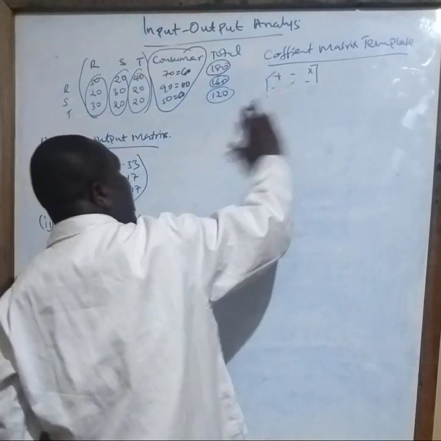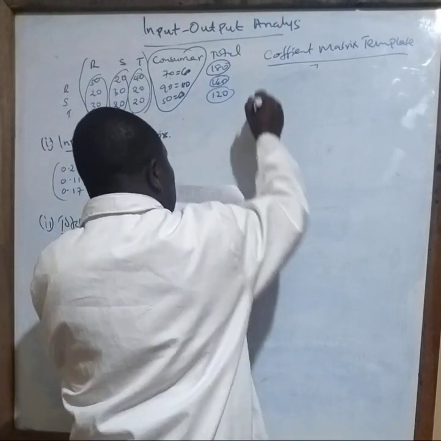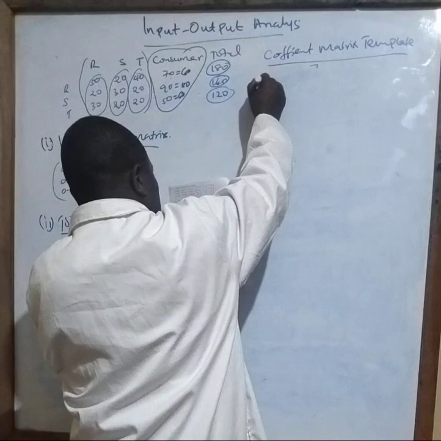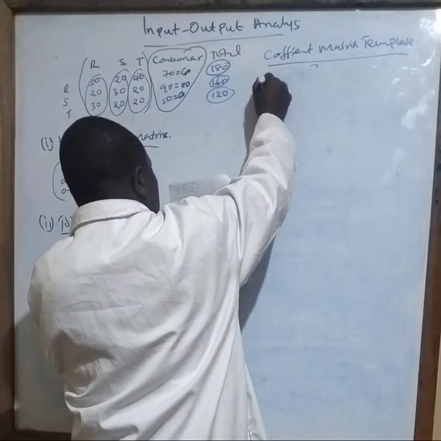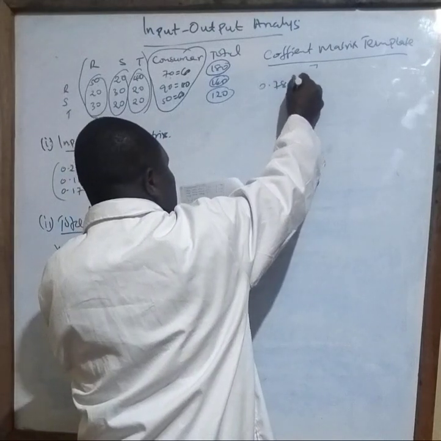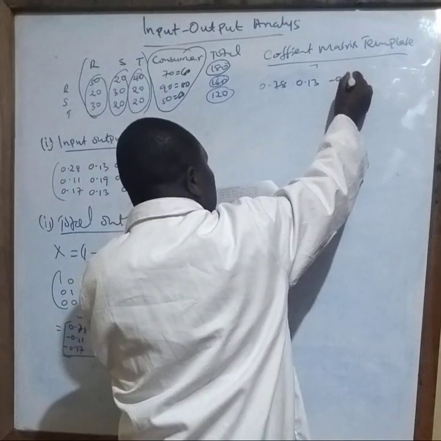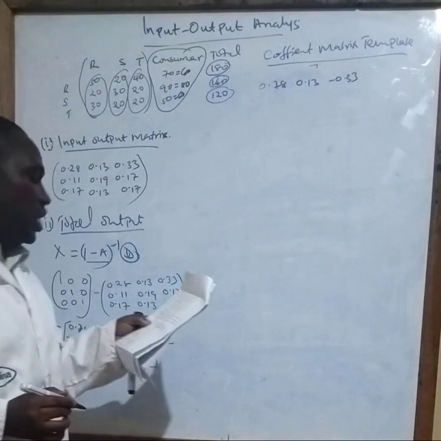Now the interchange here, if you work out this one, it will give you the answers as 0.78, positive 0.13, and negative 0.33. That is the first row.